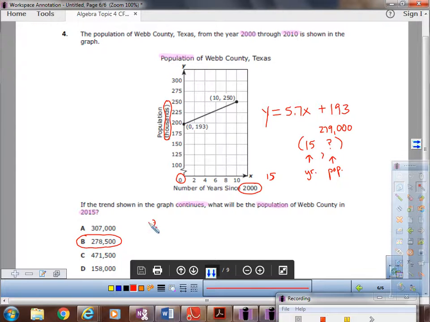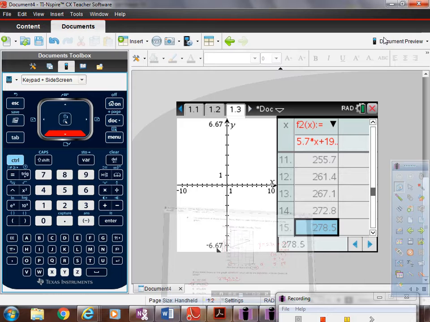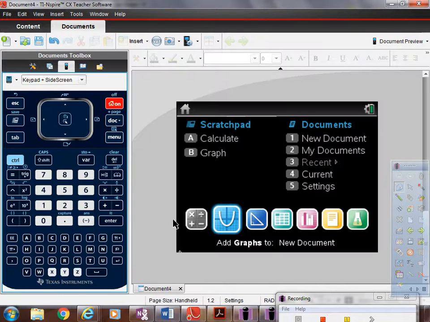They took that 278.5 and they moved it because of the thousands. There's 3 zeros in thousands, so they moved it 3 places. And that's why it becomes 278,500. So there's your answer right there. Number 4 should be B. All right. So again, spreadsheet and the graph app go hand in hand when you are looking for predictions.